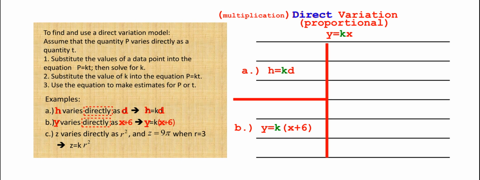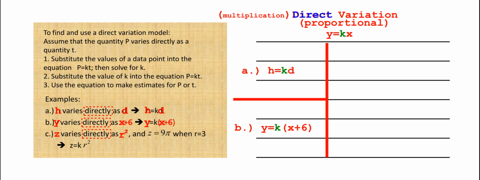So for c, z varies directly as r squared, and z equals 9 pi when r equals 3. So essentially, we have z equals k times r squared. So how does it vary once again? Z varies directly. So we have z equals, right? And what does it vary with respect to? It's r squared in this case. So there's our r squared.